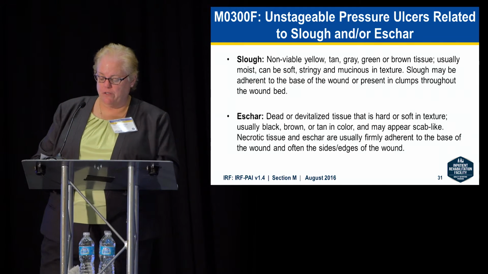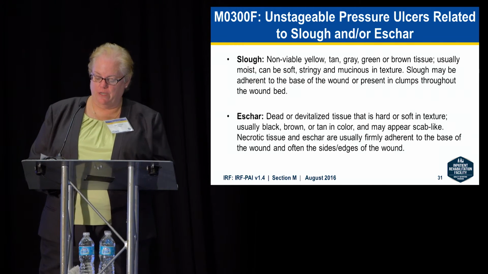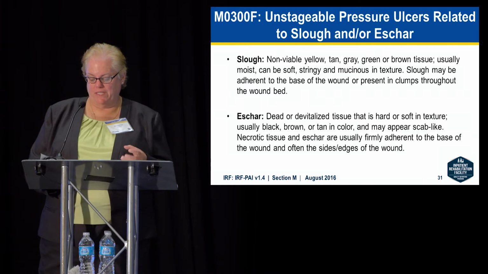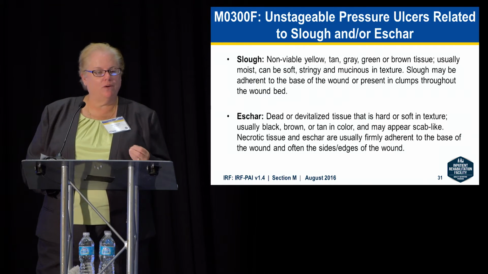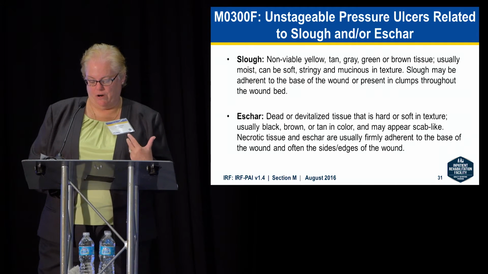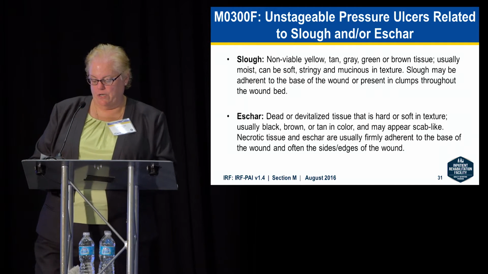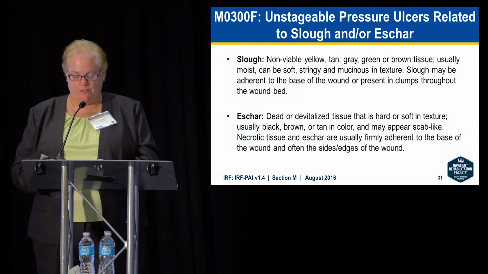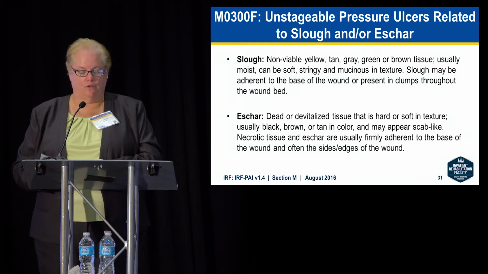Eschar, on the other hand, although it's still part of this unstageable, is dead or devitalized tissue, usually hard or soft in texture. It's usually black, dark brown. It can be tan in color. It may appear like a scab. I think that's probably the best definition of looking at eschar for me. Necrotic tissue and eschar are usually firmly adhered to the base of the wound and often to the sides and the edges of the wound.